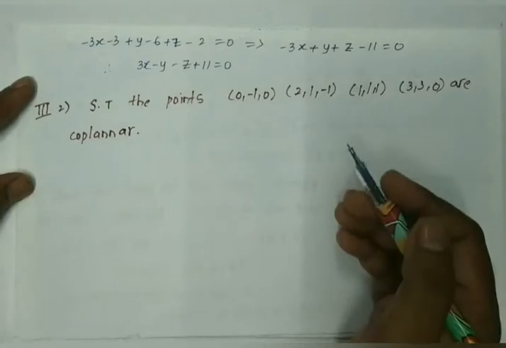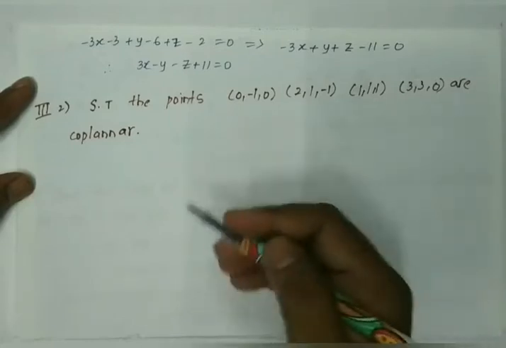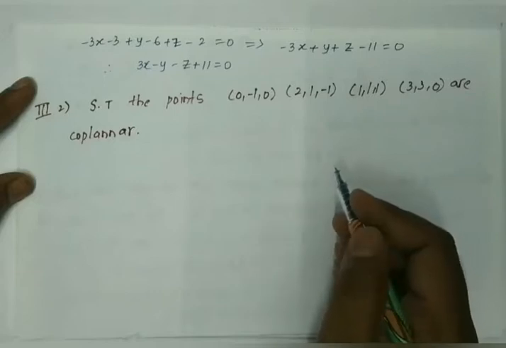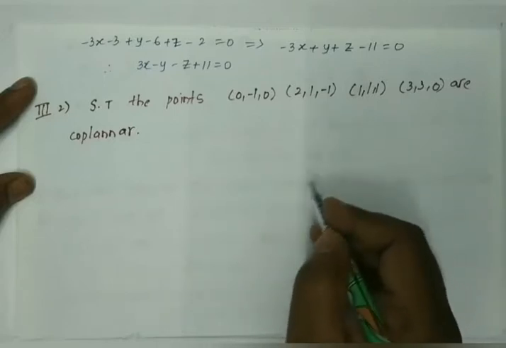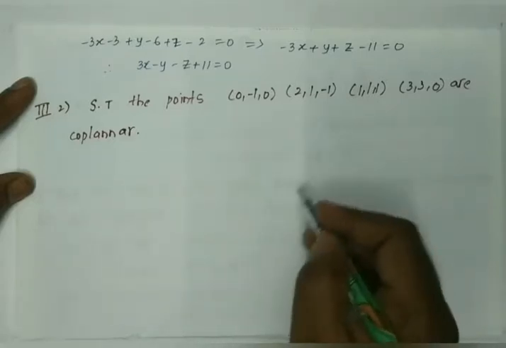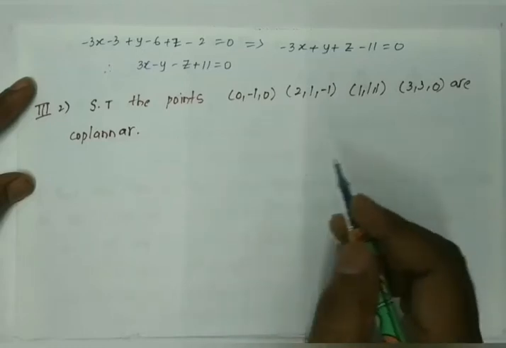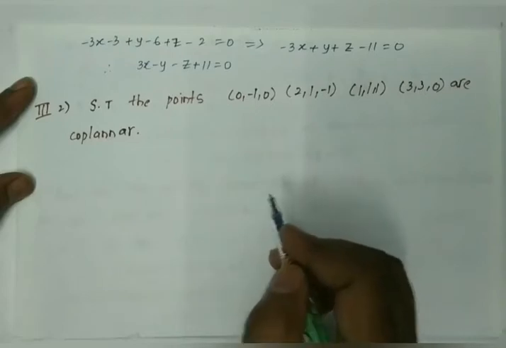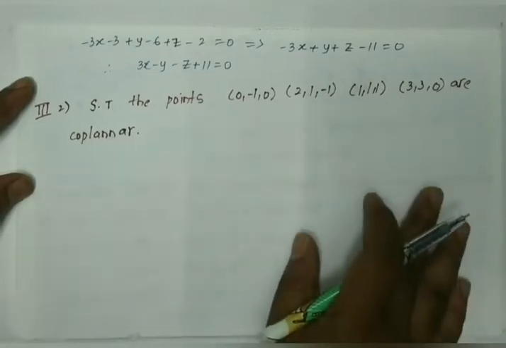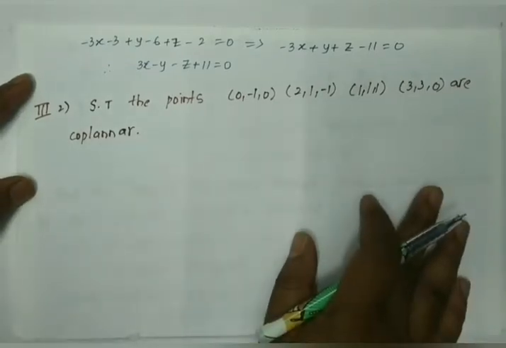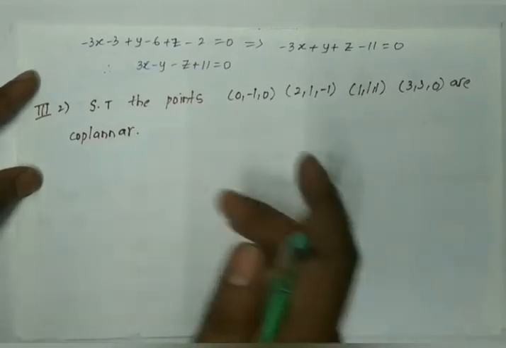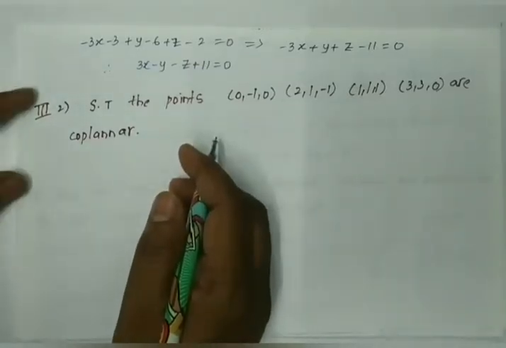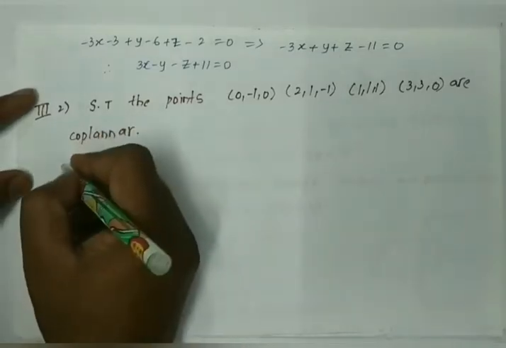After that we have to substitute the fourth point in the equation of the plane. Suppose the fourth point satisfies the equation of the plane, then we can say that the given points are coplanar, otherwise not coplanar.